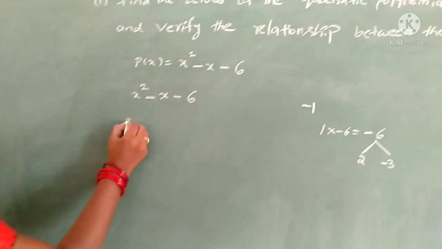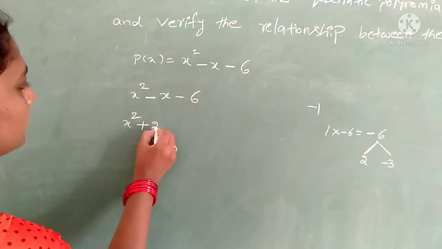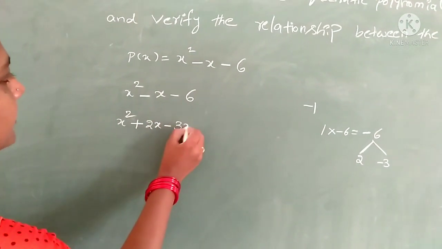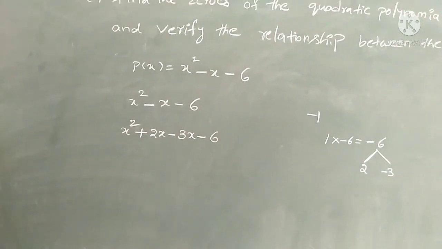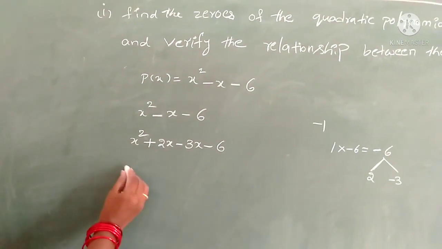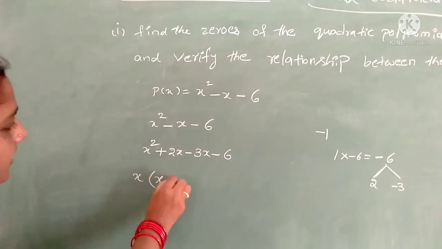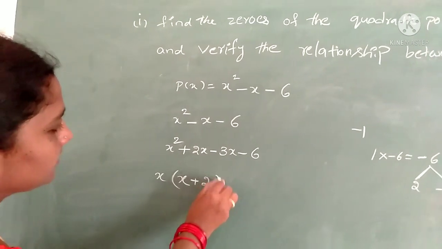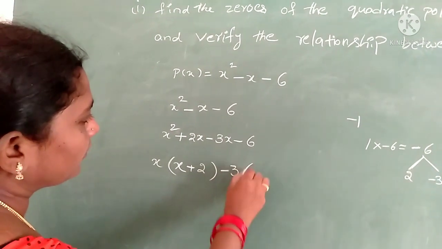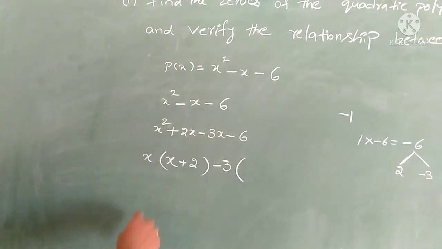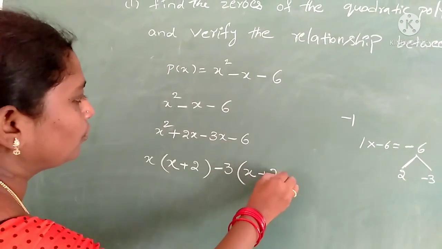So split the middle term as 2x minus 3x. Next the constant term minus 6. First we take the common value x, remaining x plus 2. Next take the common value minus 3, remaining x plus 2.